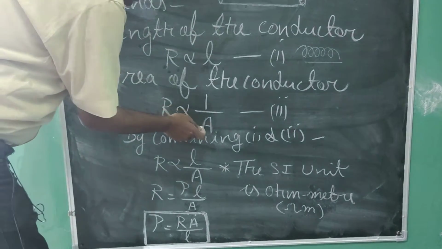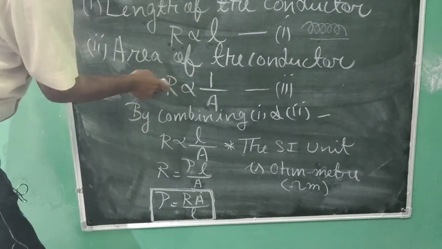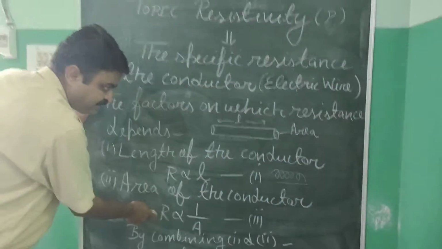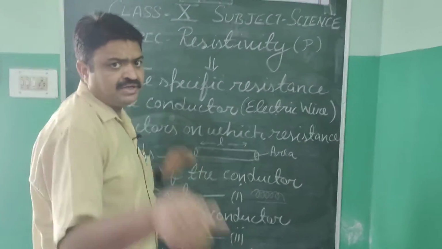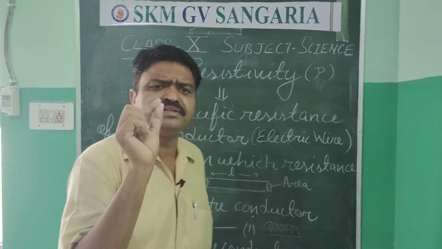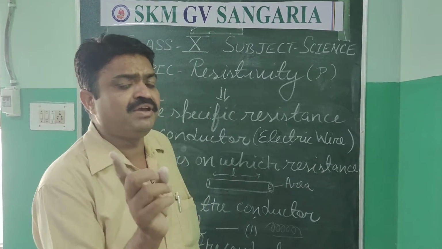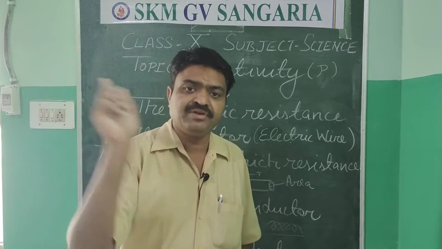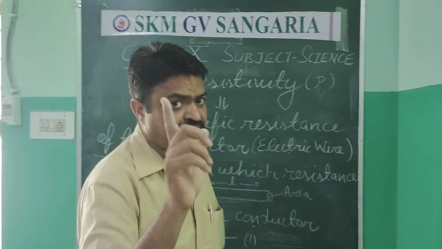If the wire is thin, then the resistance will increase, because it is inversely proportional. That's why you can see the heating devices have very thin wires. Due to having thin wires, they have high resistance, and due to high resistance, they show more heating effect.